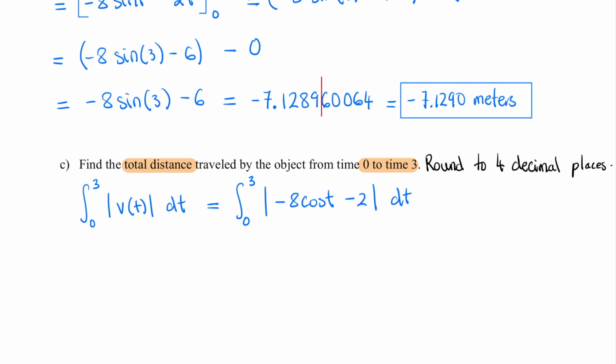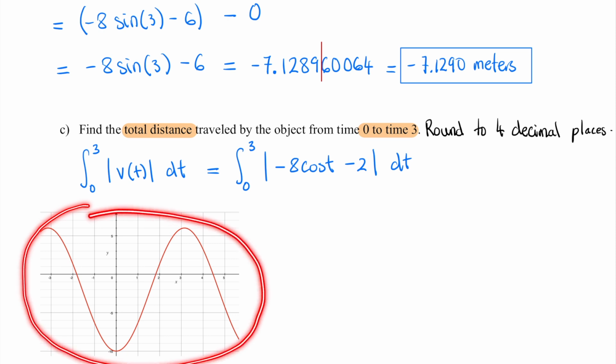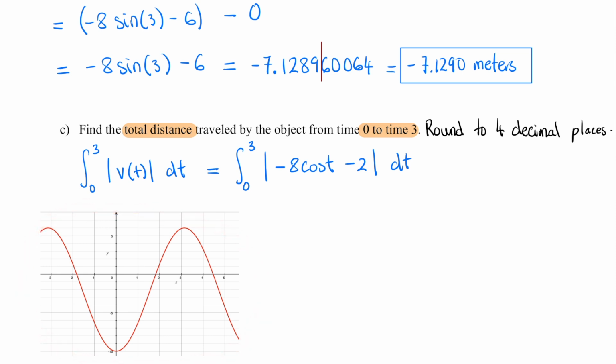Now, we need to check where the velocity is positive or negative. This is the graph of negative 8 cosine t minus 2, and this is the region from 0 to 3.